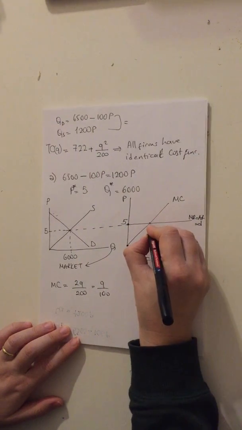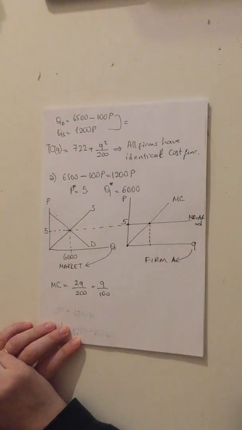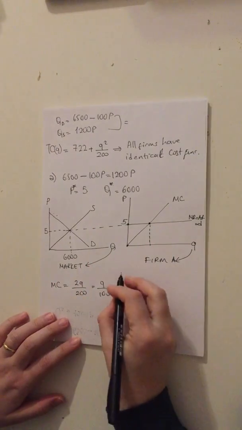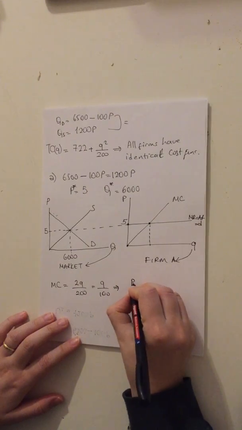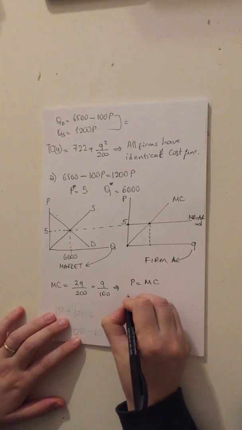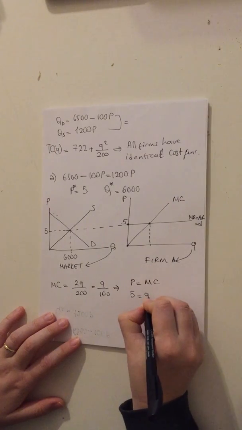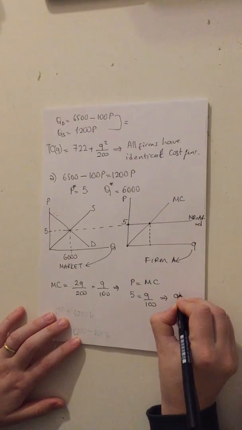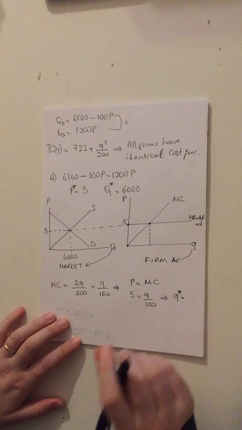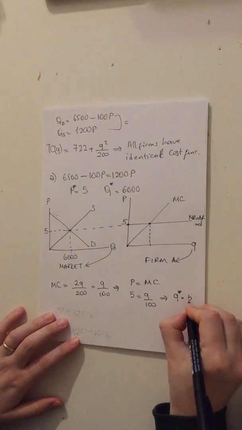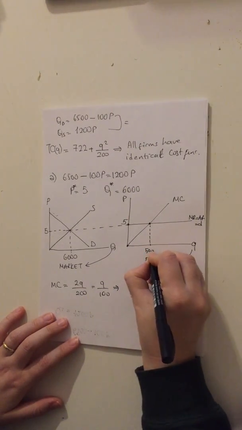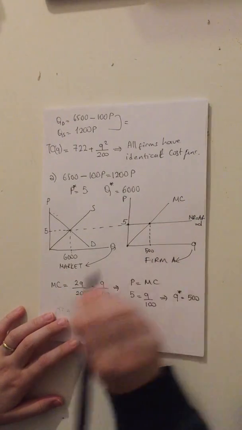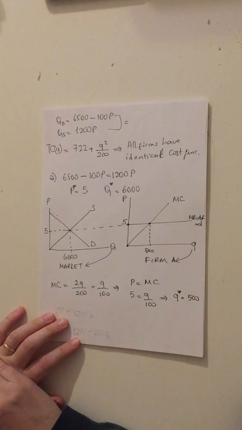So it's easy we will equalize marginal cost to the price to get the profit maximizing or loss minimizing level of output. So we will equalize price to marginal cost, which is 5 equal to q over 100. So the profit maximizing level of output for each identical firm is 500. So firm A and the other identical firms will produce 500 units of output in this market.